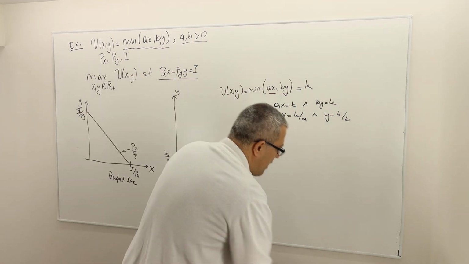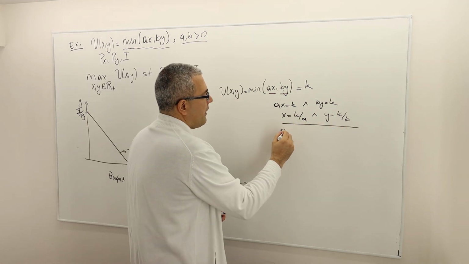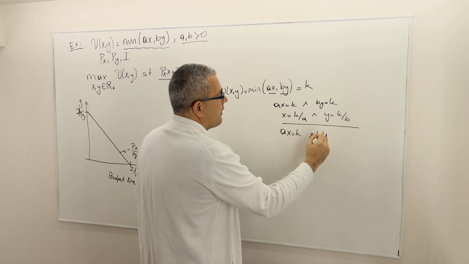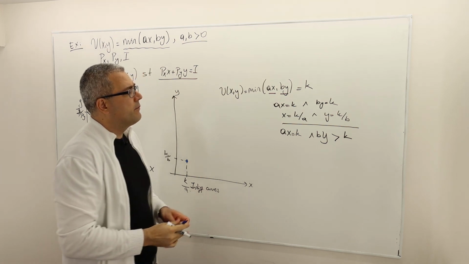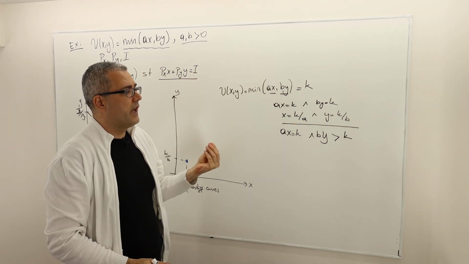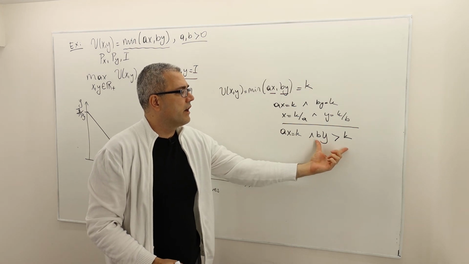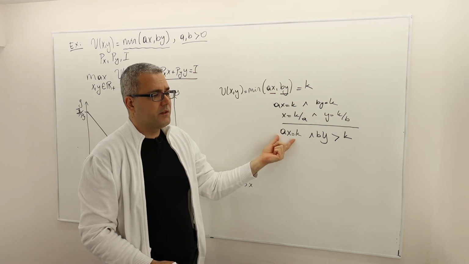Very well. What else? Well, I also know that if ax is equal to k and by is, for example, greater than k, I still have the minimum of ax, by equal to k, because I always take the minimum value. This one is greater than k, so the minimum is just k.